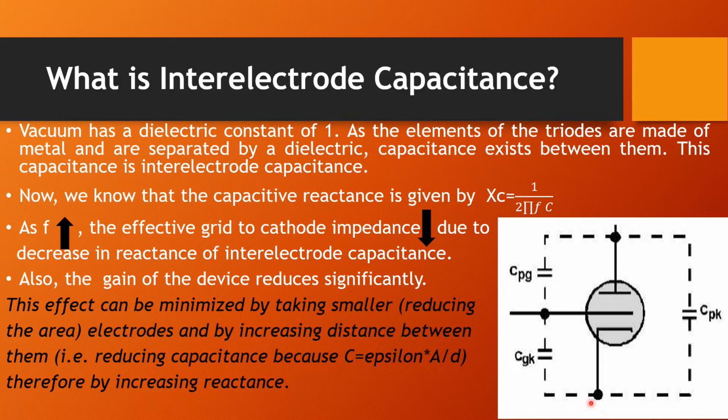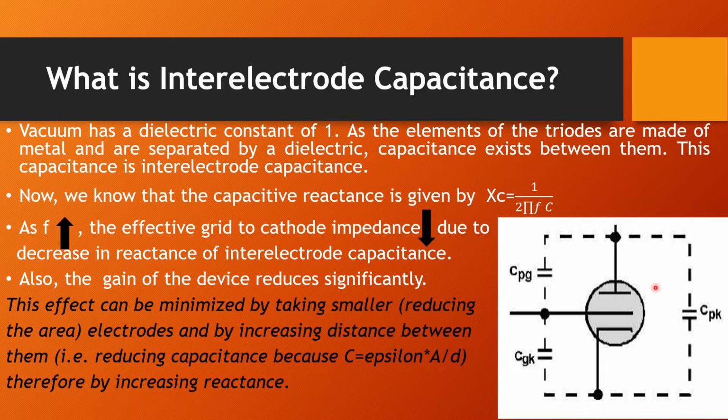Such a short circuit is going to reduce the gain of the device, and definitely it reduces the performance of the device. If a short circuit occurs between gate and cathode, any current coming from here will not go to the actual circuit, and it gets grounded. Most of the current gets directly grounded with a short circuit.